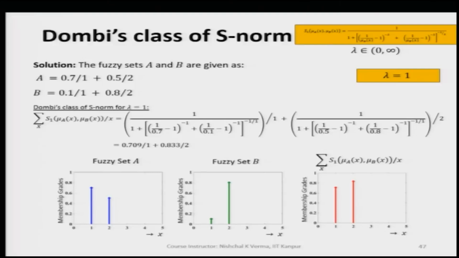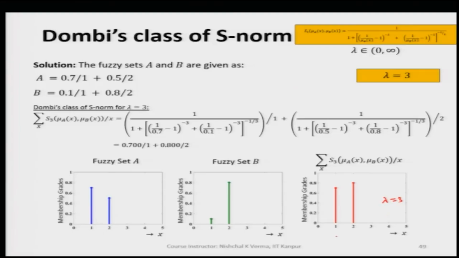You see when we increase the value of lambda, this is for lambda equal to 1, and then lambda equal to 2, for Dombi's class of S norm, and then when we take lambda equal to 3.